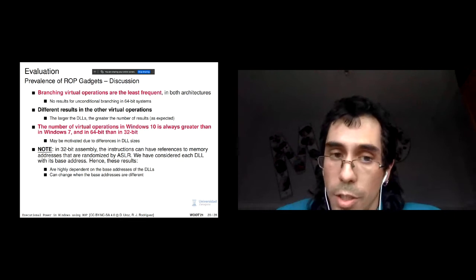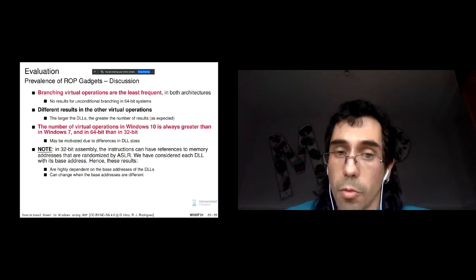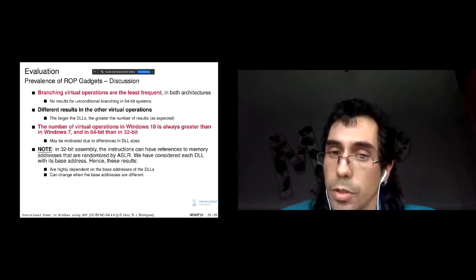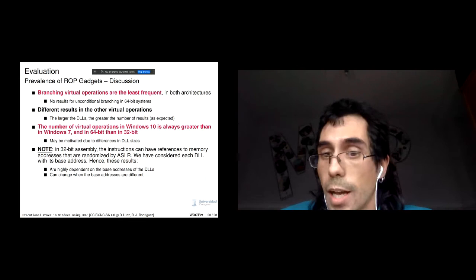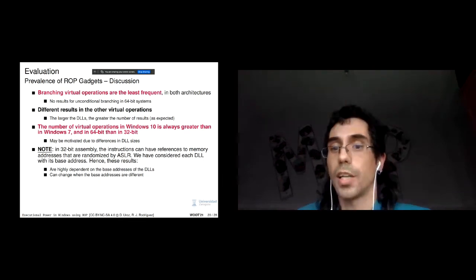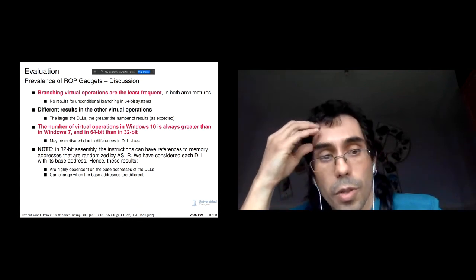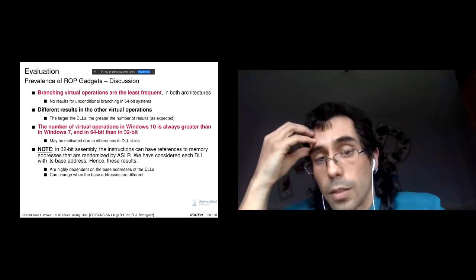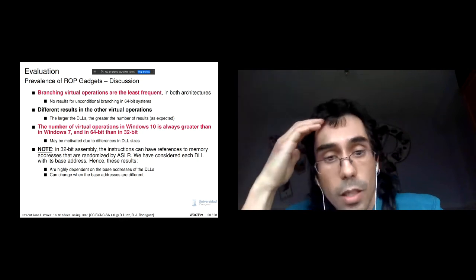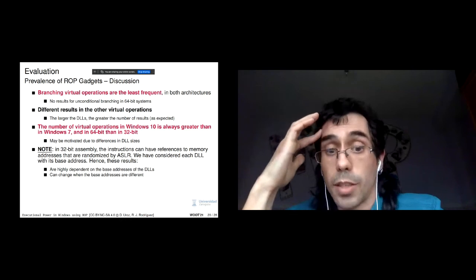Let me also note one thing regarding the results in 32-bit environments: these kinds of instructions can have references to memory addresses that are randomized by ASLR. And we have only considered each DLL with its base address. So these results are highly dependent on the base addresses of the DLLs, and that can change when the base addresses are different.